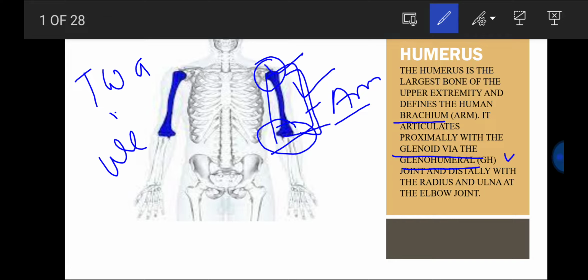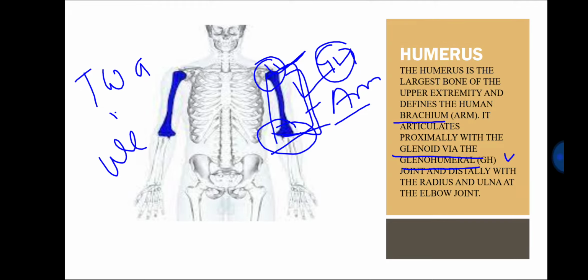So it is clear that humerus is the upper limb bone. Second, the anatomical term is brachium, and it's your arm. It forms the GH joint with the shoulder, and next with the radius and ulna.